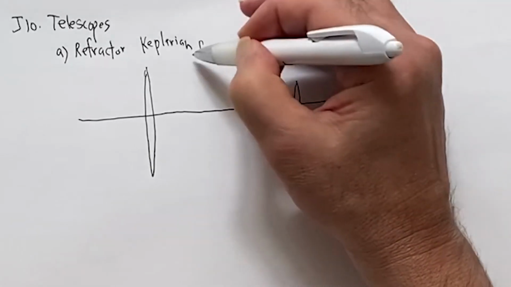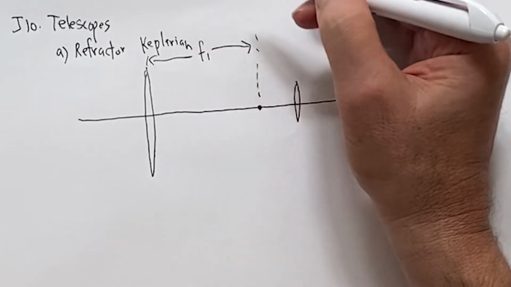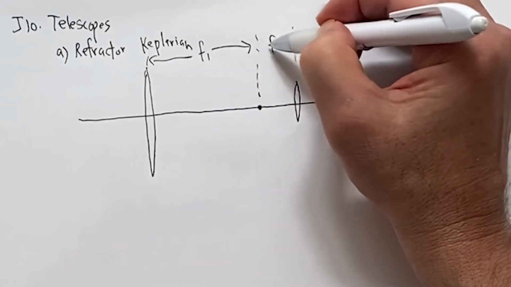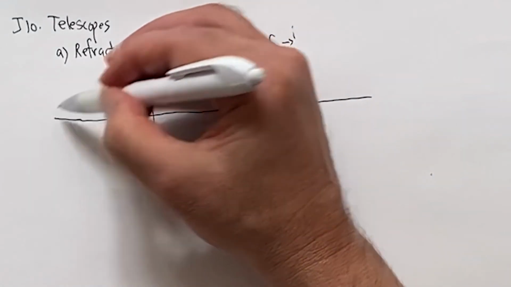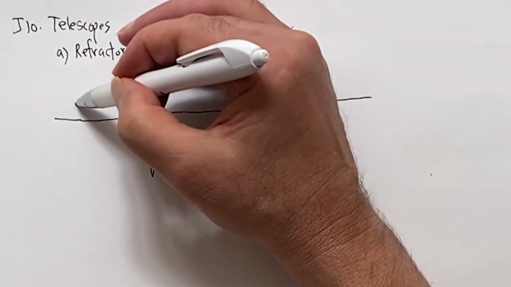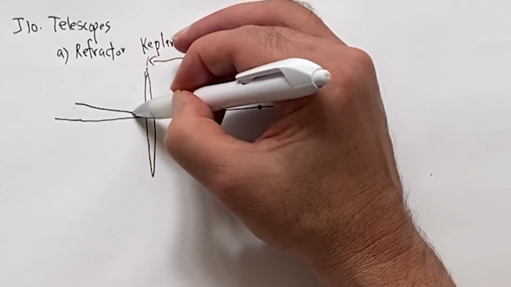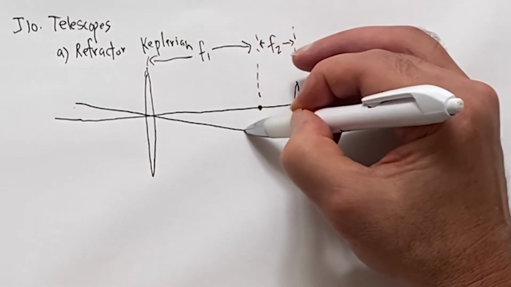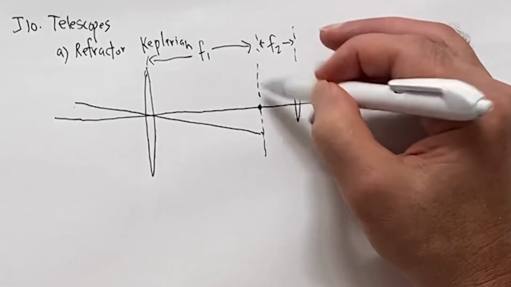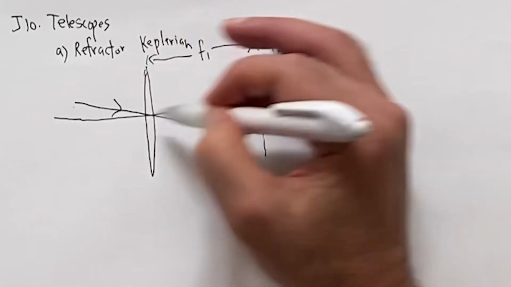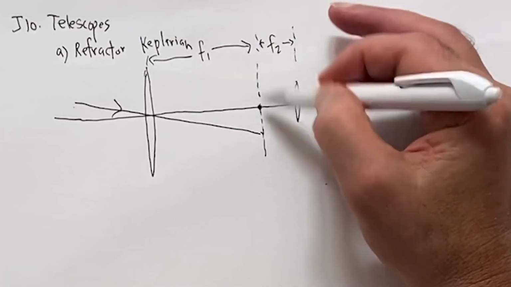Here's F1, and here is F2. Let's say we're looking at something coming in from the top of the moon, it's coming in like this. This is going to focus in the focal plane. That's where things are going to focus. When you're at infinity, you're talking about the focal plane.